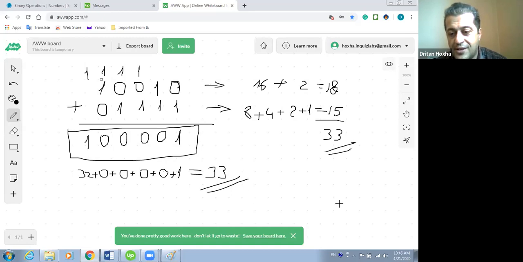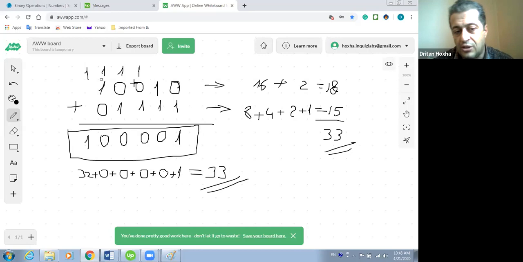Do you understand? So the only thing to do is when there is 1 plus 1, 2, not writing 2 here because 2 does not exist as a digit in the binary system, but you should carry 1 to the previous position, because the previous position shows a higher order of powers of 2.